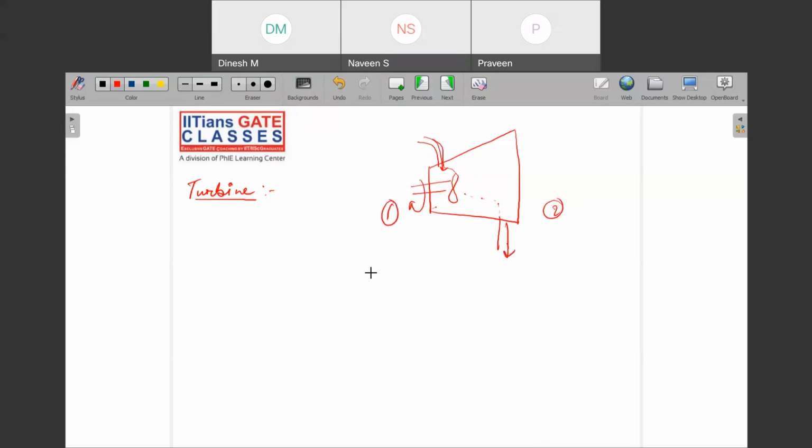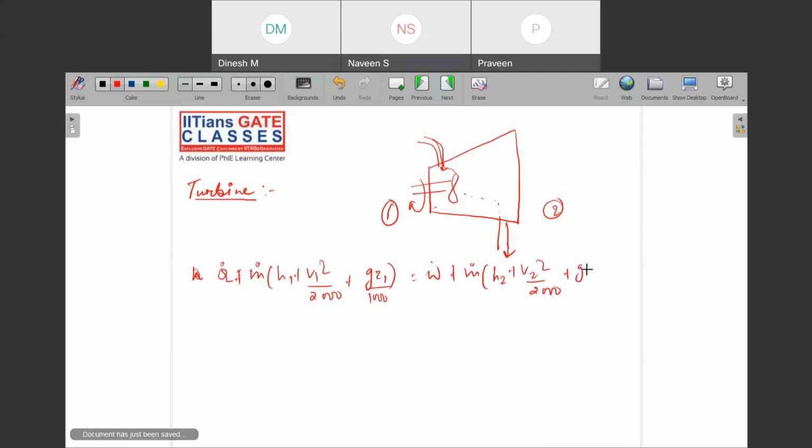If you apply the steady flow energy equation to this device, then can you write down that again Q dot plus m dot into h1 plus v1 square by 2000 plus g z1 upon 1000 is equal to W dot plus m dot into h2 plus v2 square by 2000 plus g z2 upon 1000.